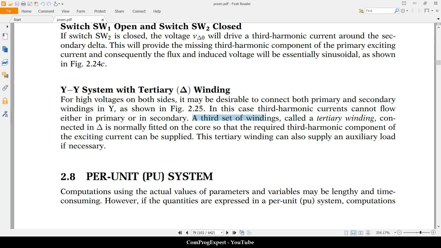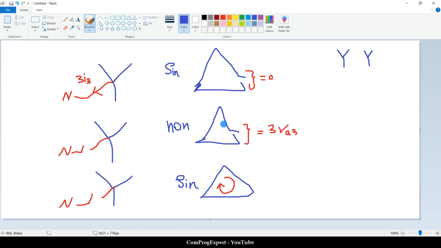A third set of winding, called the third winding, connected in delta, is normally fitted on the core so that the required third harmonic components of the exciting current can be supplied. So this is the case.